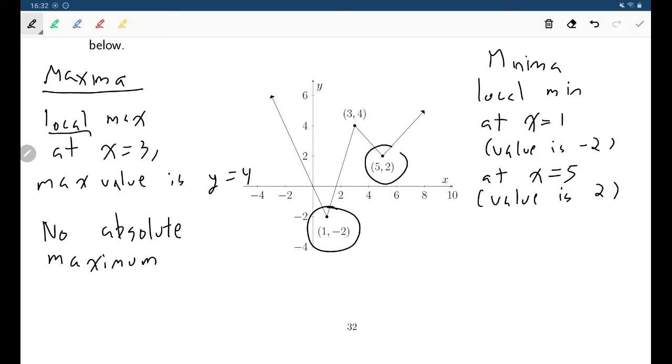But if you're asking me the question of what is the absolute minimum, that would be what is the smallest y value of all, and the absolute minimum value is -2.